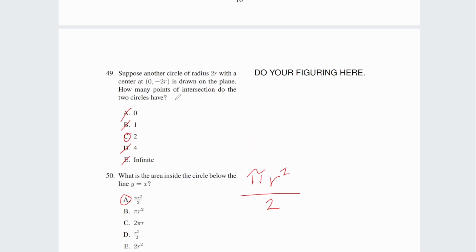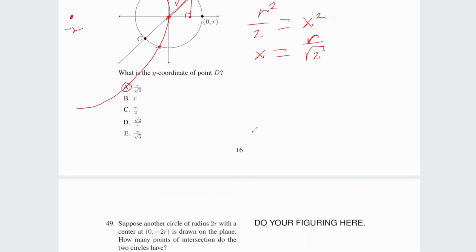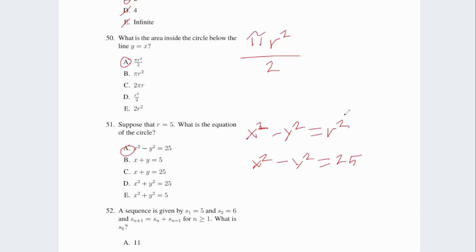When you think about choices like question 49, we realize that this is a math test, but this is not just about your math. This is also about your ability to understand what's asked and to narrow down from 5 answer choices to 1. You don't need to prove your answers. You don't need to show your work in anything. You just need to fill in the right bubble. And I hope that I've shown you how you can do that a little bit faster.